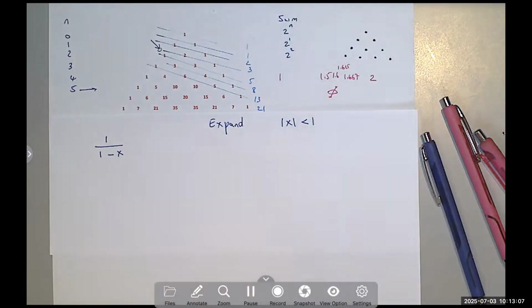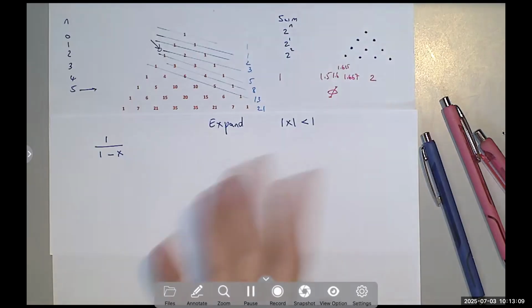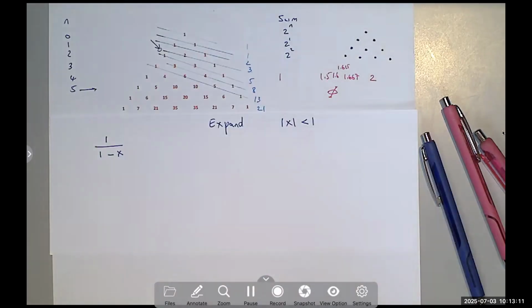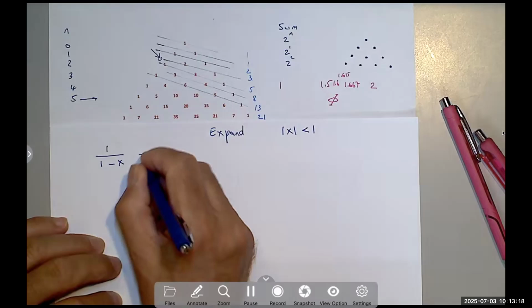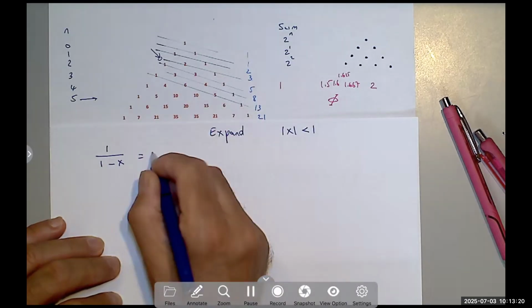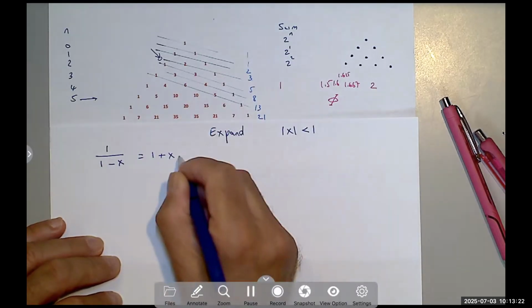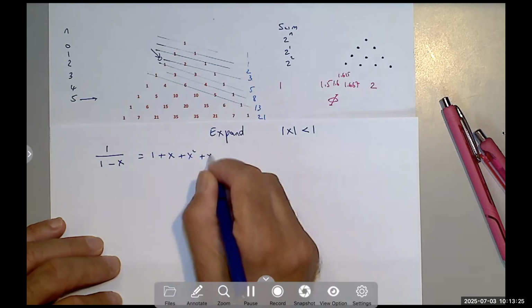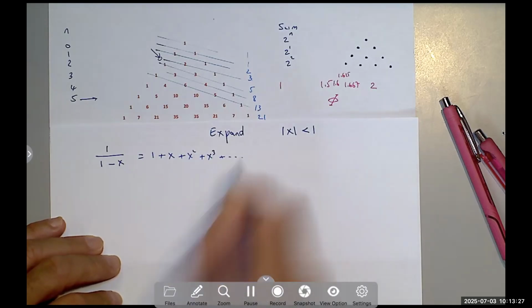You say, how can I expand that? It's 1 over 1 minus x. Say yes. But if x is very small, meaning x is less than 1, you will get 1 plus x plus x squared plus x cubed, till infinity.